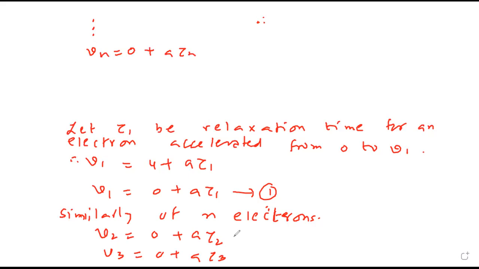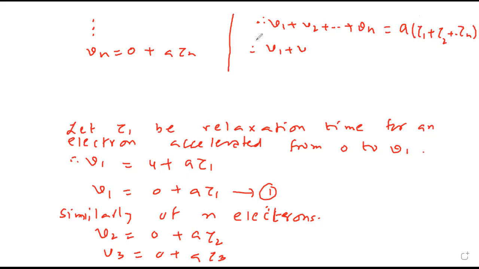Therefore, V1 plus V2 up to Vn divided by n is equals to a, I'm taking common tau 1 plus tau 2 up to tau n.